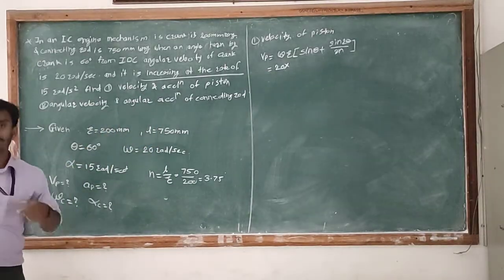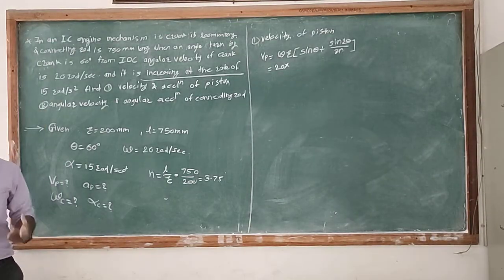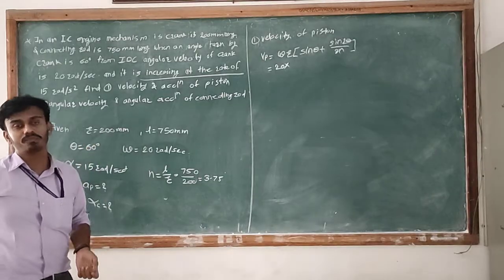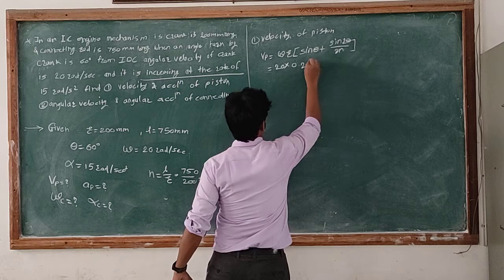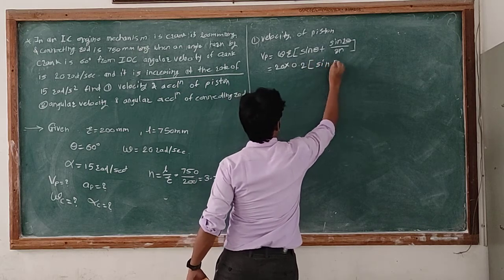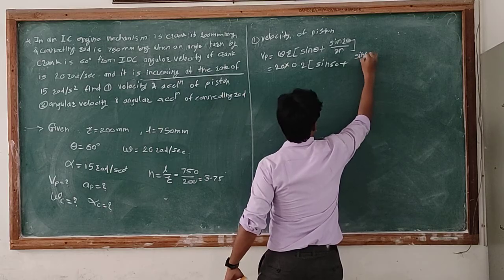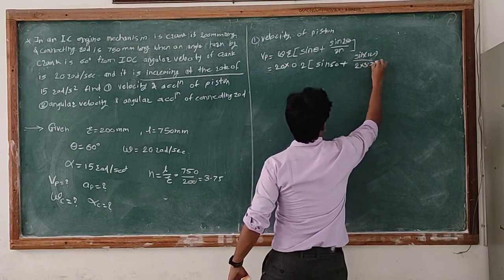We have to take it in meters because velocity is generally measured in meter per second. Therefore, we put r in terms of meters. So it is equal to 0.2 meter into sine of theta, which is 60, plus sine of 120 divided by 2 into 3.75.